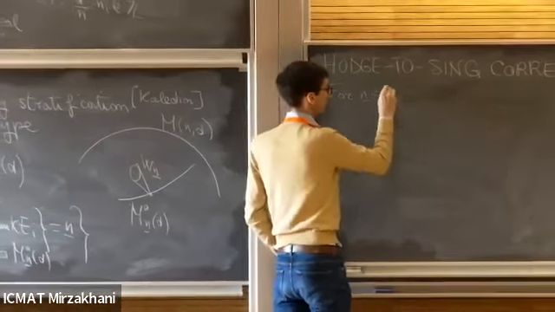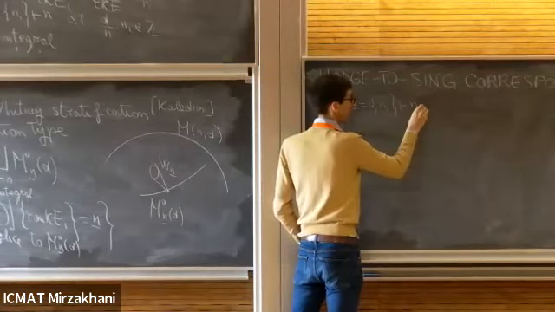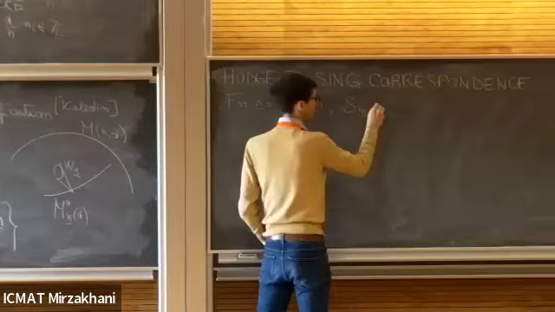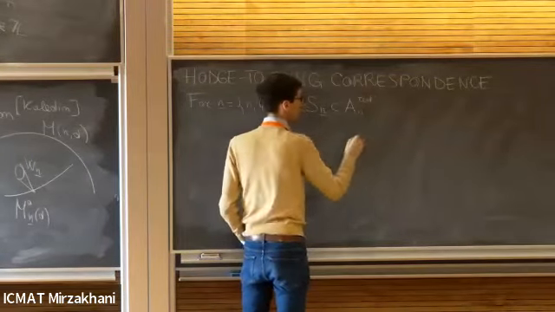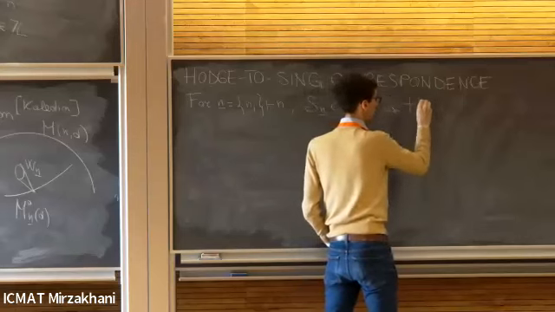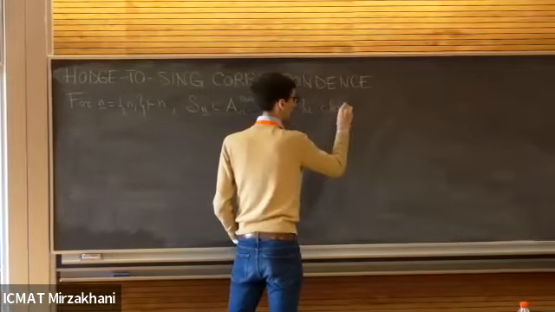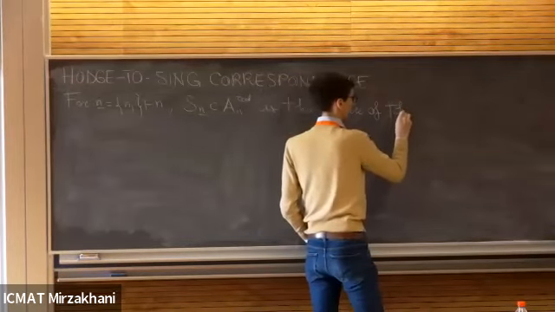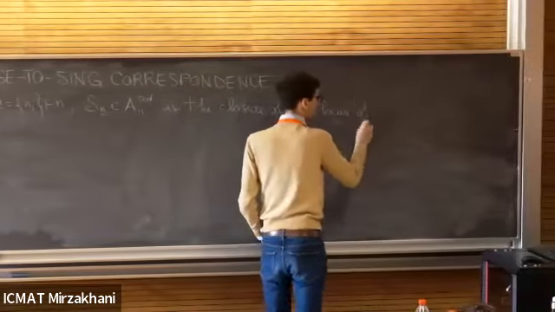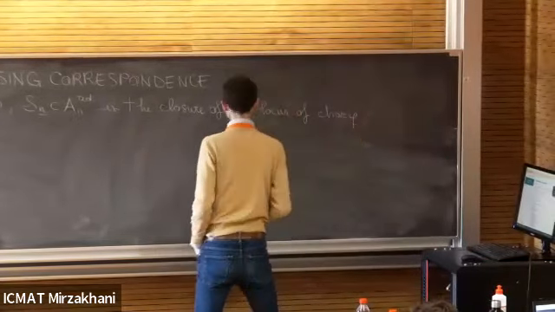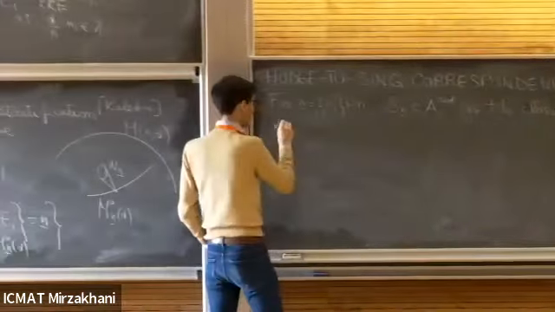So for any partition n of n, I introduce this subvariety of A_n^red, which is the closure of the locus of characteristic polynomials whose irreducible factors are of degree n_i.